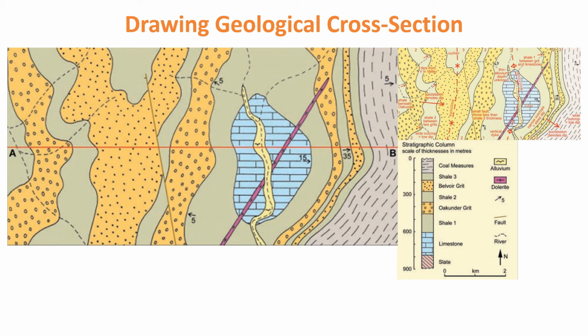So this is another example of drawing a geological cross section. This is a complicated one, but we are just going to follow the procedure of drawing a geological cross section. The first thing we're going to do is project the lines.